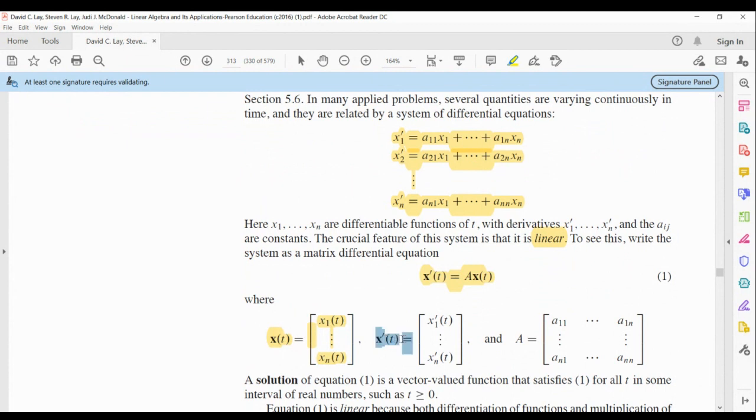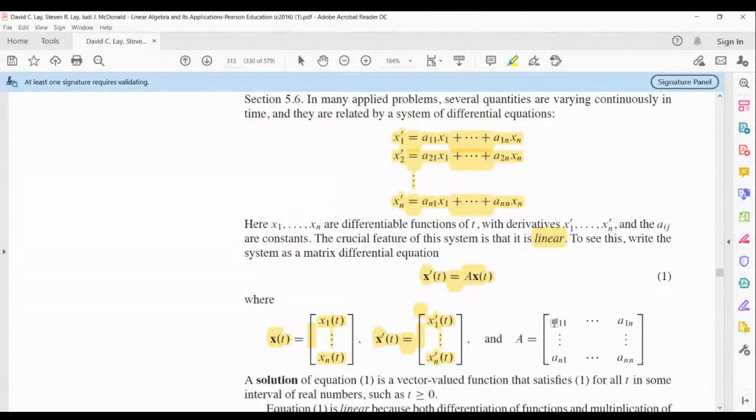If you take the derivative of that vector, that's equivalent to taking the derivative of each of the functions, so you get x1 prime of t, x2 prime of t, up to xn prime of t. Those are your entries in the vector.